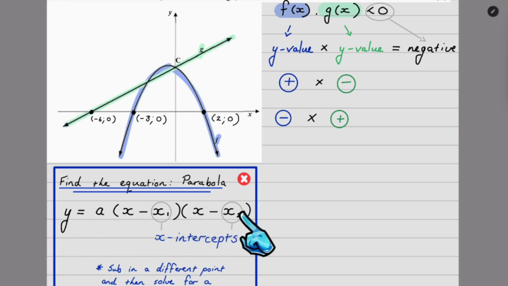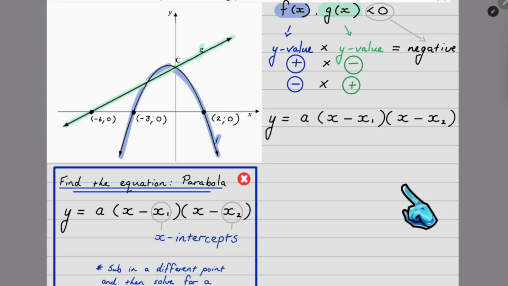So I'm going to chuck them into this formula and see what happens. So I just want to illustrate how you put them into this formula. So if I put minus 3 in x1's place, it's going to be minus minus 3, which will turn it into x plus 3 in our first bracket. And if I put 2 into this one's place, it's just going to be x minus 2.